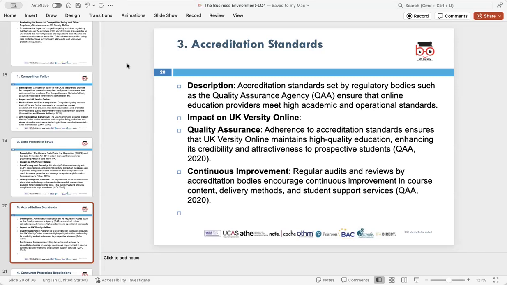By aligning with quality assurance standards, UK Varsity Online not only ensures the quality of its educational programs but also adapts to evolving educational practices and students' needs. Accreditation serves as a benchmark for measuring and maintaining educational quality, contributing to the university's ongoing success and reputation.